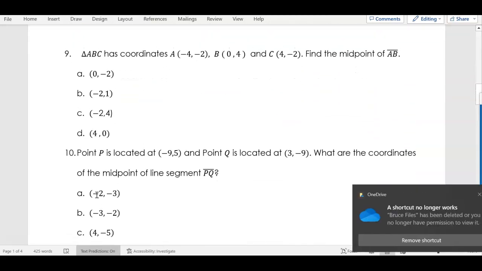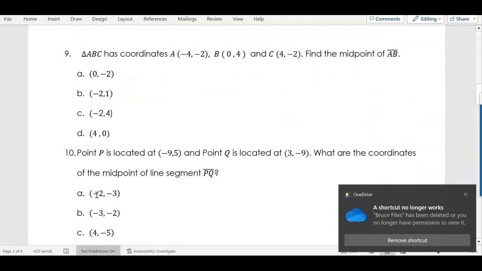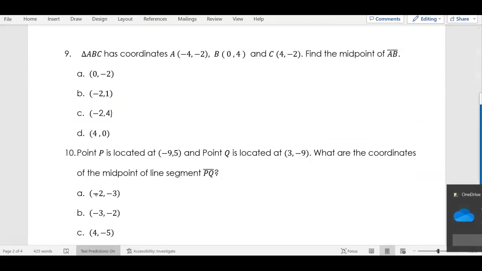Number 9, I got 3 points, and it's asking me to find the midpoint of, now, what 2 letters? A and B. All I care about is A and B, okay? So I don't care about C because I'm just finding the midpoint of A and B. Now, in your notes, you had the midpoint.